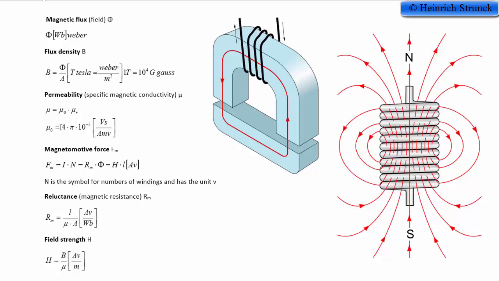It has the value 4 times pi times 10 to the power of negative 7, and the unit is volt seconds per amp meter windings. Sometimes we don't see this lowercase letter v for windings, number of turns in a coil, because it's actually not an SI unit, but I think it's okay to put it on.